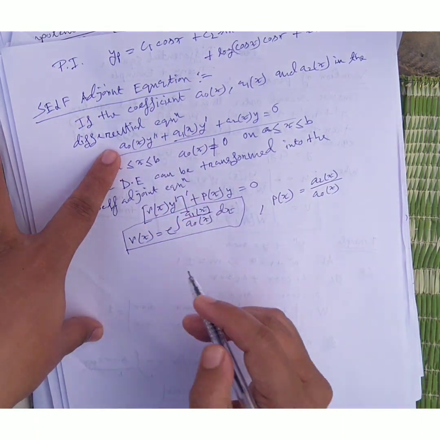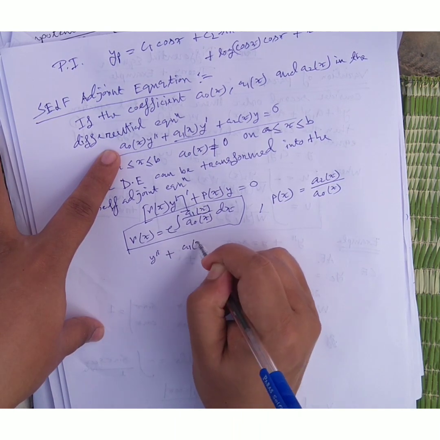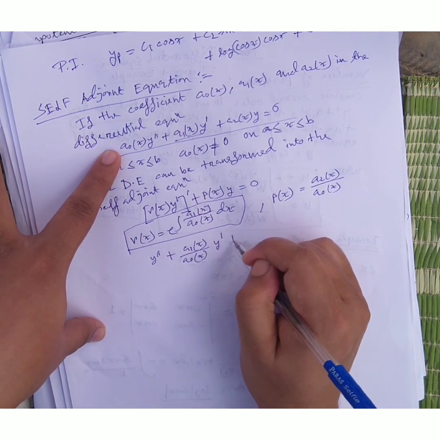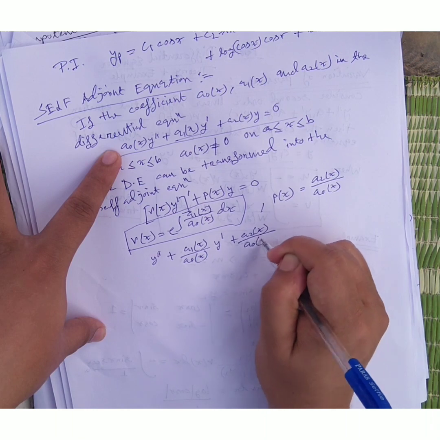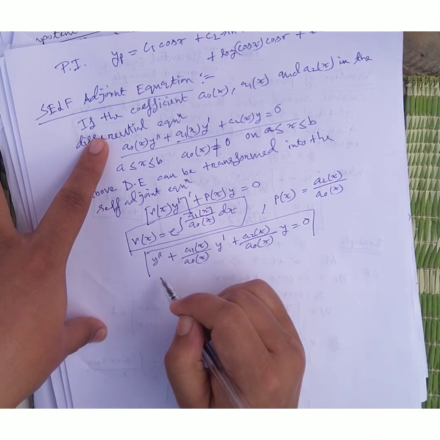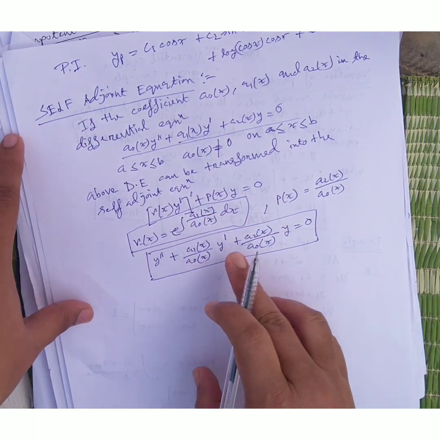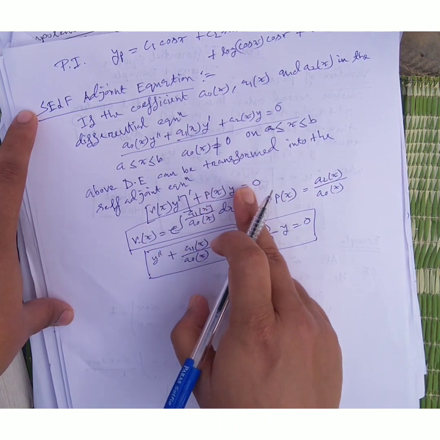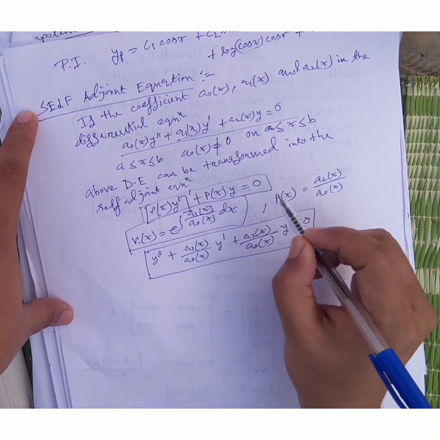You divide by a0(x): y double dash plus a1(x) divided by a0(x) y dash, plus a2(x) divided by a0(x) into y equals 0. So friends, in this equation, R(x) is the coefficient of the e to the power formula, and P(x) is equal to this, and I can write it this way, in terms of R(x) y dash and y double dash.